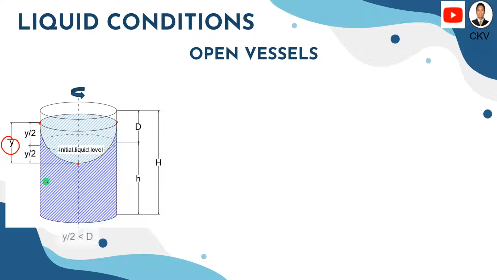So in the first case, if y over 2, or 1/2 of the computed y, is less than the depth, which is the distance of the initial liquid level to the rim of the open vessel, there will be no liquid spilled on this container when it is rotated.